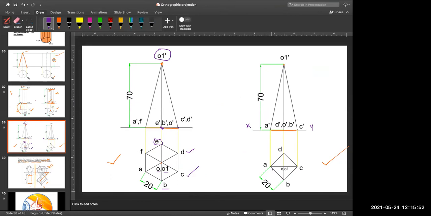Since this is a pyramid, it will be ABCD, one square at the base like this, and all the corner points will be joined at a common center point O and O1. So O is the center for this base and O1 is the vertex. So this is how these figures can be drawn.